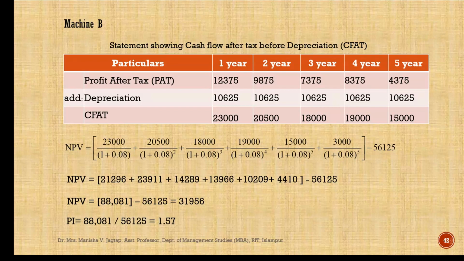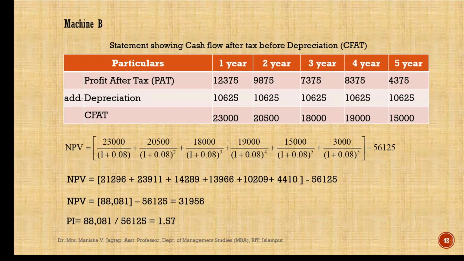Now, when we compare the two machines, you can find that machine B is profitable. Why? Because the net present value of machine B is more than machine A. At the same time, the profitability index of machine A is less than machine B. So both the machines are giving positive results.